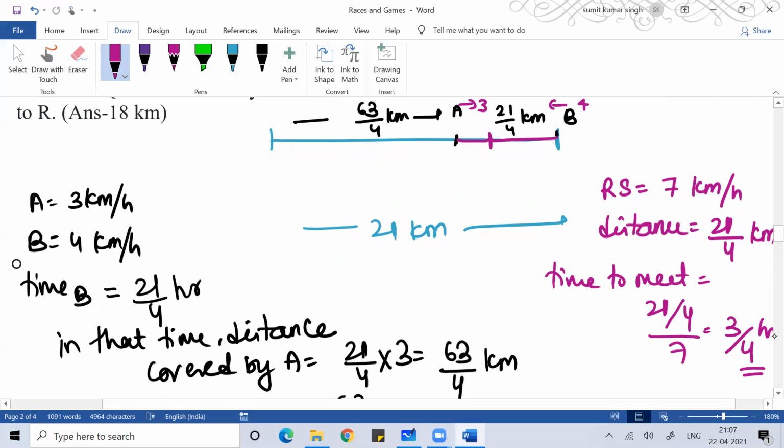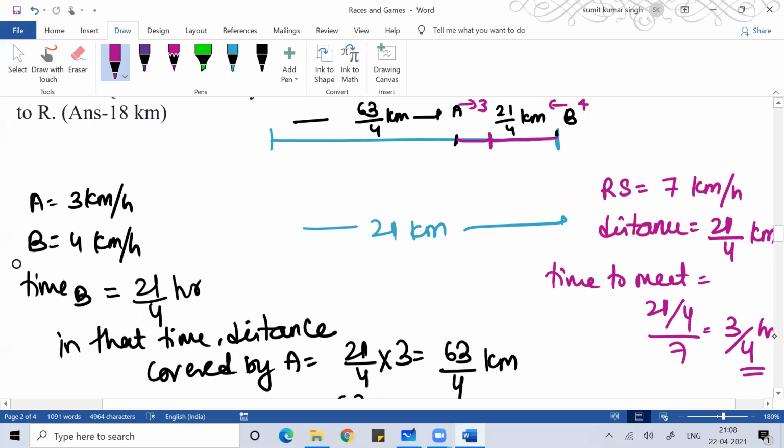Because A and B are both running in opposite directions, you can find how much time they will take to meet each other. The distance between them is 21 by 4 kilometers and they'll meet in 3 by 4 hours.